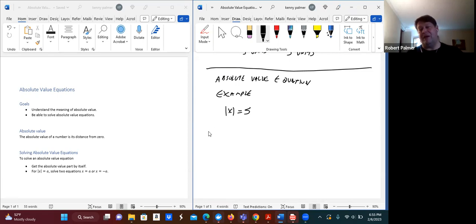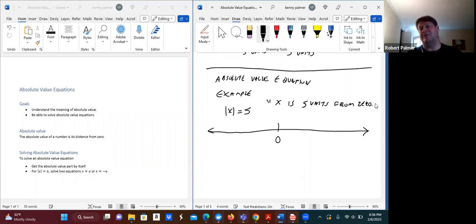If you think about what we just did, we draw the same number line as before, looking for numbers whose distance from 0 is 5. What this literally says is x is 5 units from 0. We're looking for numbers that make that true.